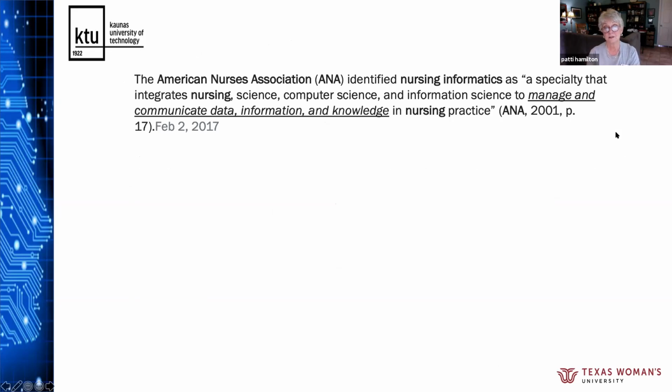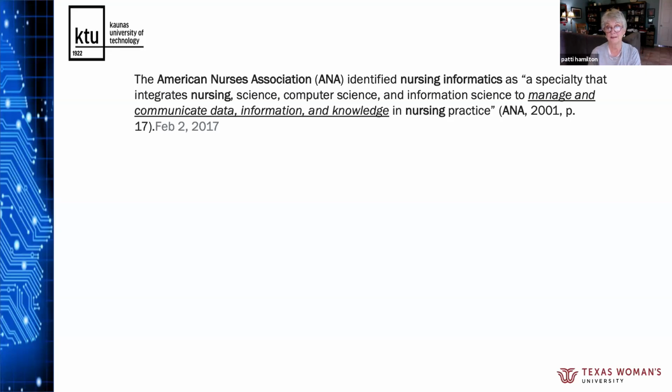The American Nurses Association has identified nursing informatics in this way: a specialty that integrates nursing science in general, especially computer science and information science, to manage and communicate data, information, and knowledge. And later on, we'll be talking about the difference between data and information and knowledge.